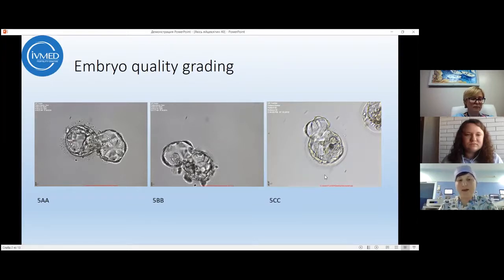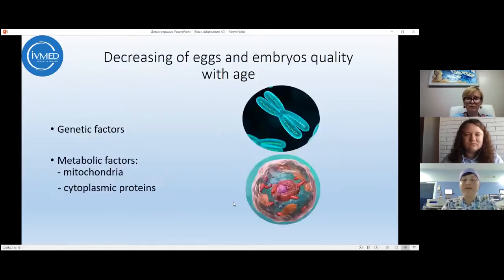So you can see we have 3 different types of embryos, and of course these embryos will have different implantation rates. They will implant in different ways.